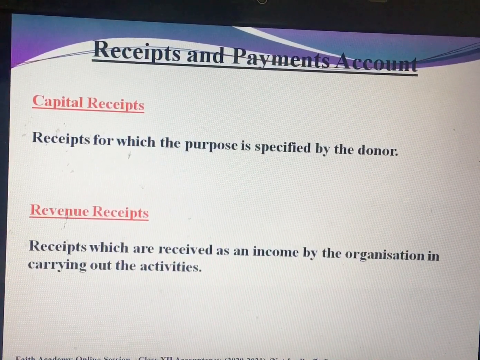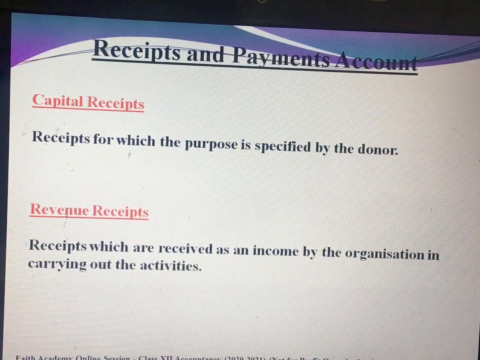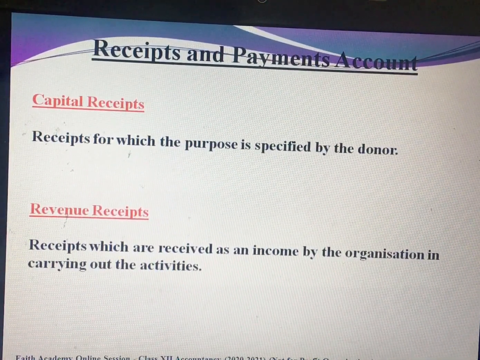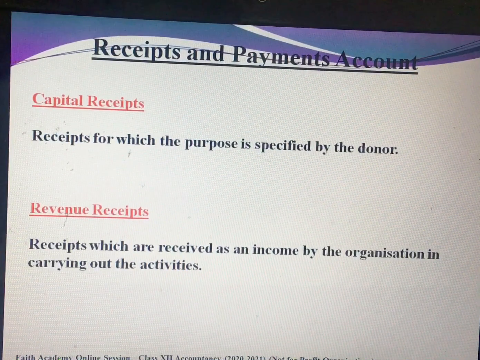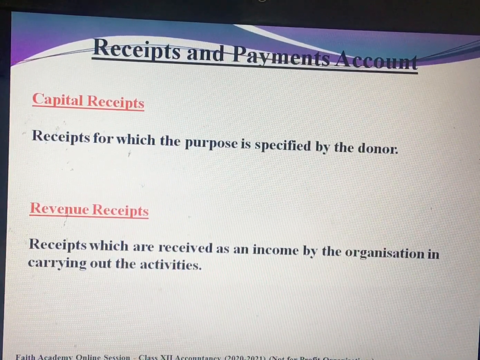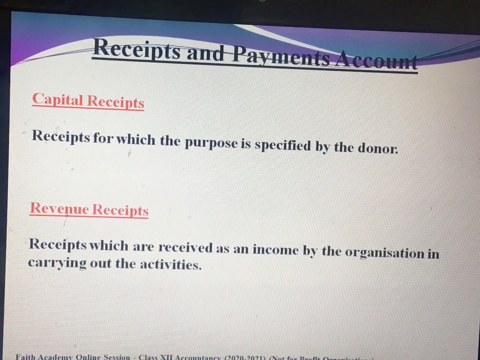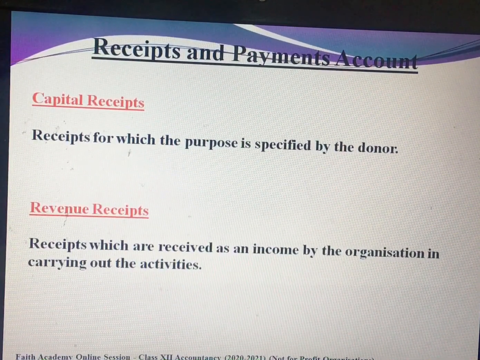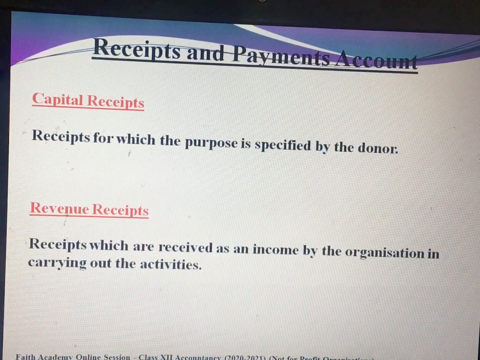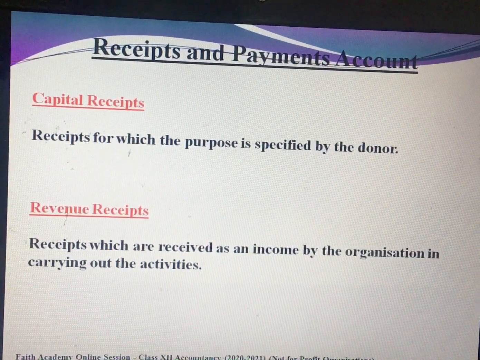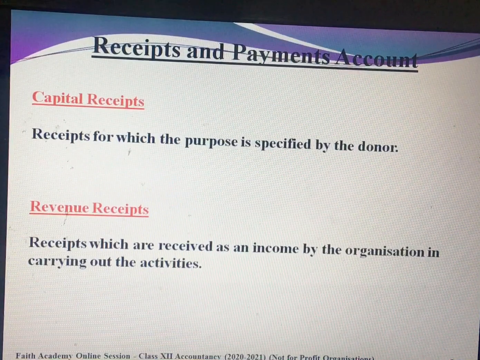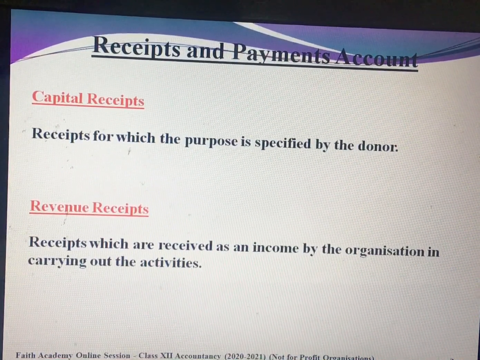So when we talk of capital receipts, they are the receipts for which the purpose is specified by the donor. Who is a donor? A donor is a person who is donating money to an organization for the purpose the organization has opened for. When we talk of not-for-profit organizations, the motive is not profit, but service.